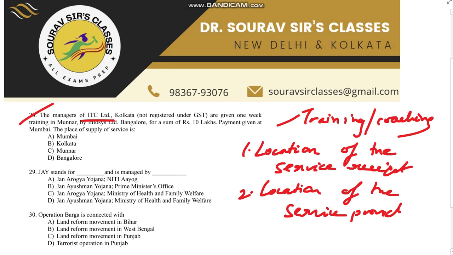Here the training service is provided by Infosys Limited Bangalore to the managers of ITC Limited in Kolkata. ITC Limited is a business and the service is being provided to them for training, so the place of supply is determined by the location of the recipient. So the correct answer will be B, Kolkata.